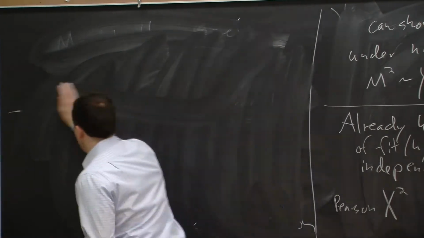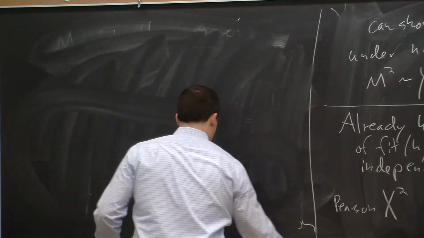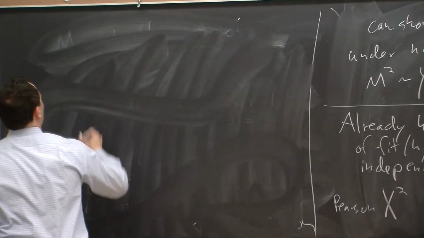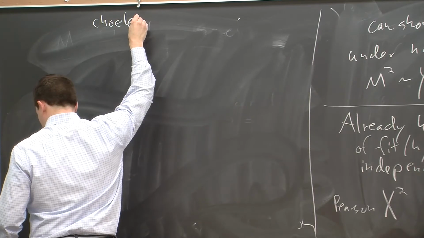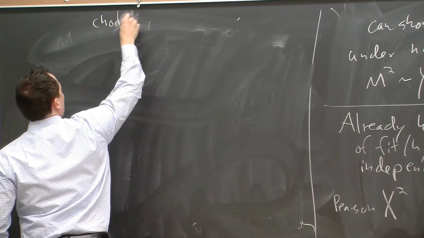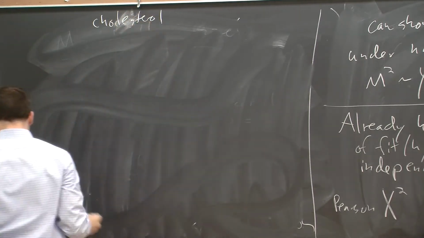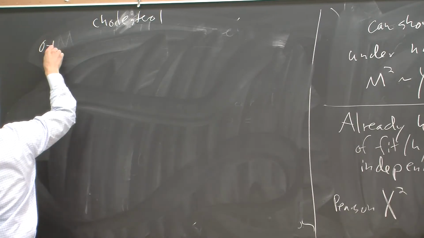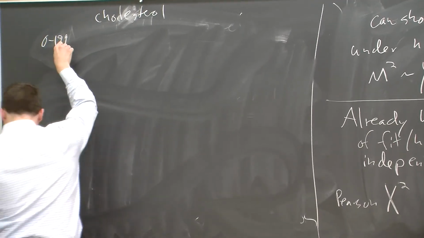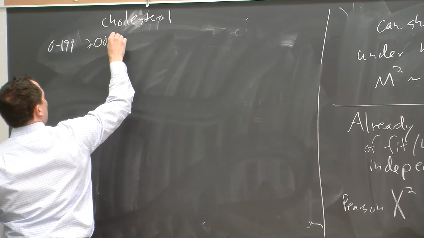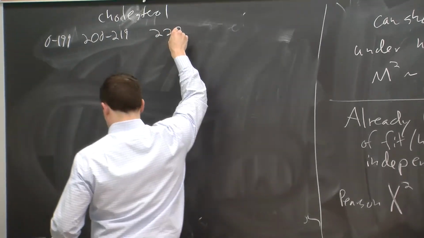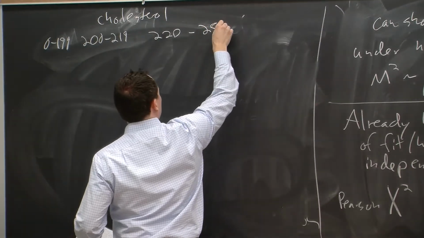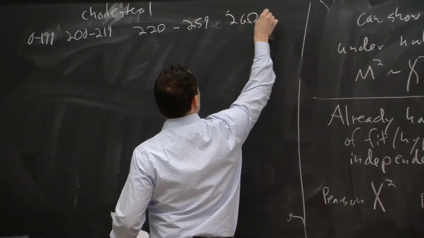So let me concretely look at the heart disease example and just go through the most common choices. We had cholesterol again: 0 to 199, 200 to 219, 220 to 259, and 260 plus.